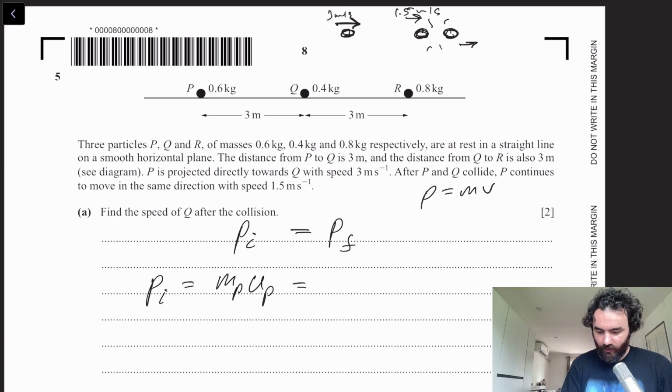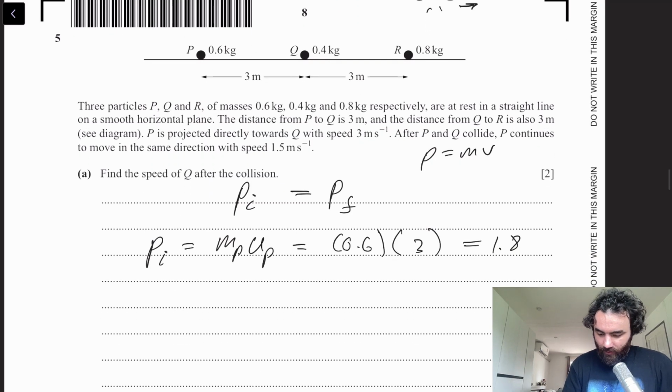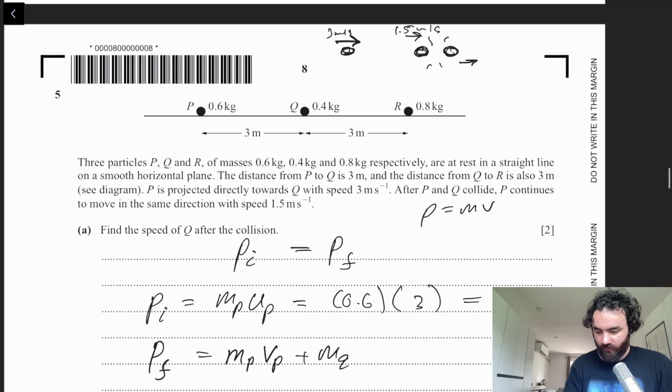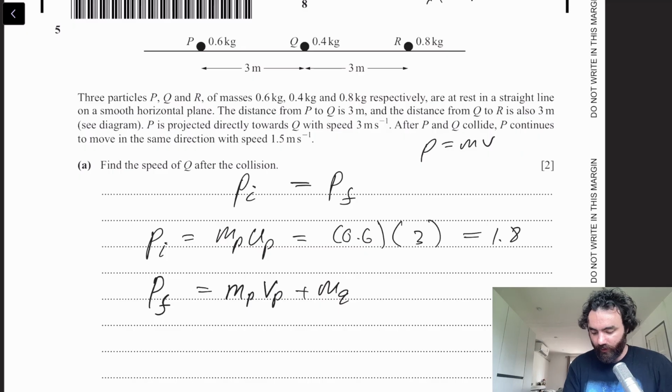So this is going to be 0.6 times 3. That's 1.8. And so the final momentum is going to be the mass of P times the velocity of P plus the mass of Q, because now they're both moving, times the velocity of Q.